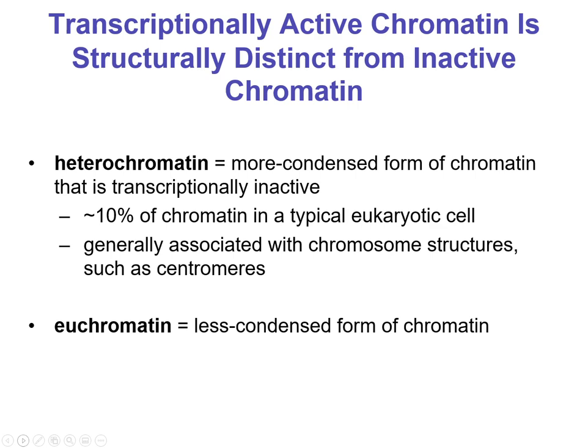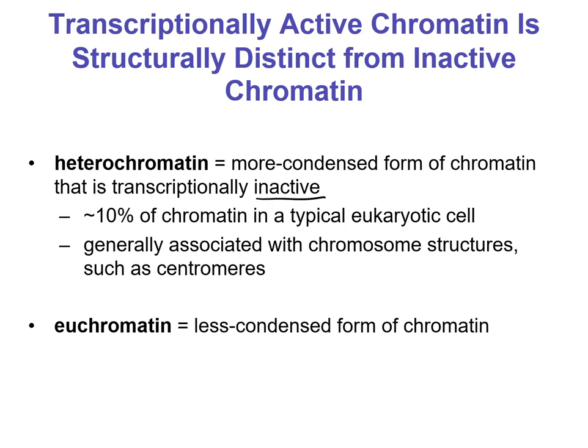Transcriptionally active chromatin is structurally distinct from inactive chromatin. We talked very briefly about the architectural proteins that can bind and help DNA to loop. Well, we're going to be talking about those kinds of things only on steroids here. There's heterochromatin, which is more condensed, and it is transcriptionally inactive.